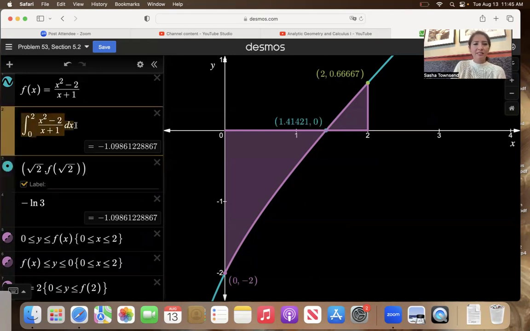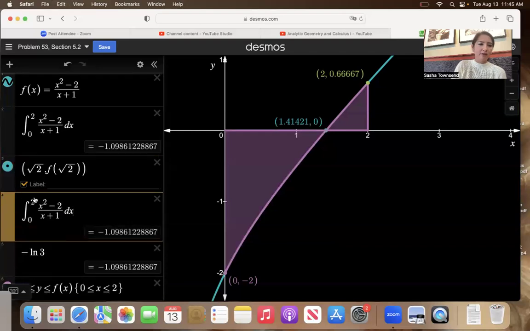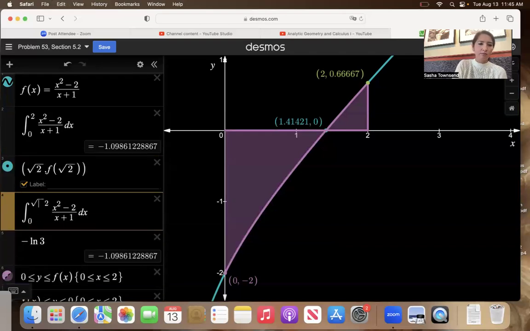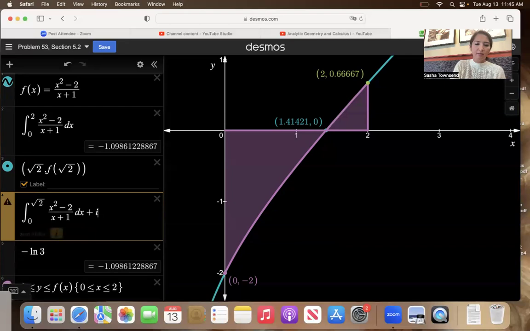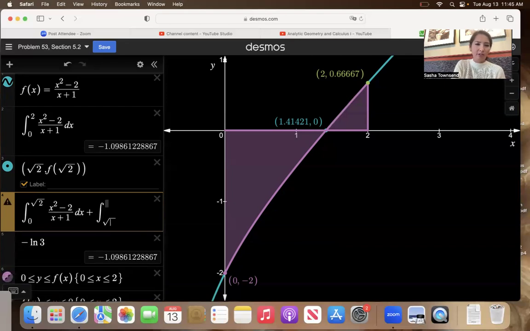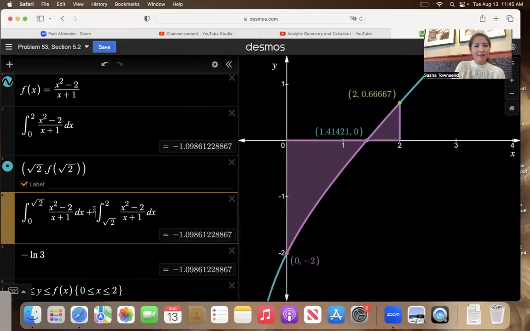So this should actually be the sum of 2 integrals. Should be the sum of the integral from 0 to square root of 2, plus the integral from square root of 2 to 2 of the original integrand. We see that we get the same answer if we add them.